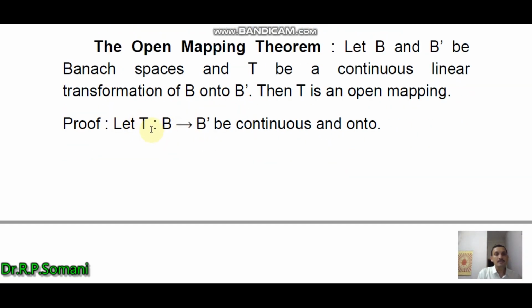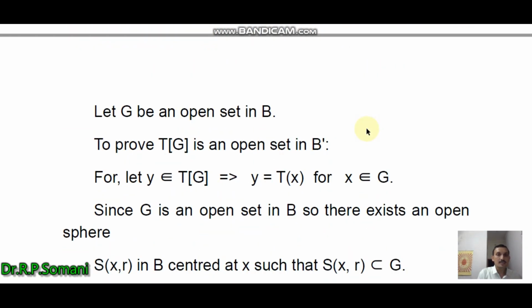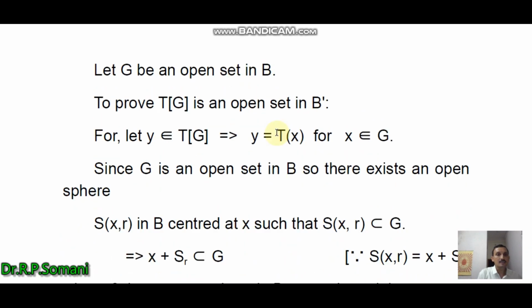Let T be a mapping from B to B dash, continuous and onto. Then let G be an open set in B. Then we need to prove that TG is an open set in B dash.